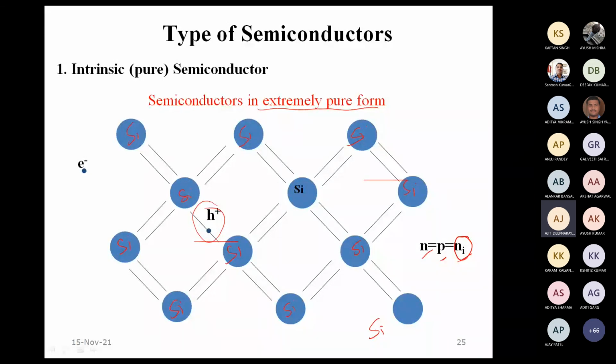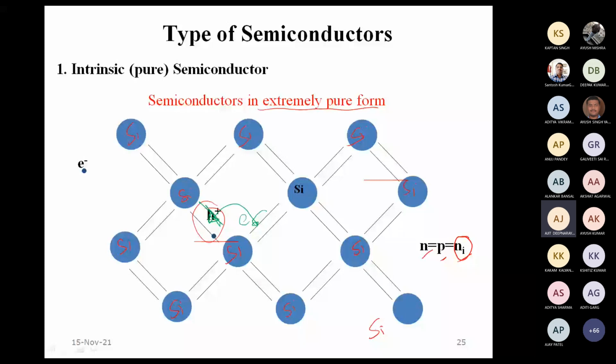But suppose there is a case in which an electron from nearby is generated and comes and occupies this place. Then the bonding is complete over here, and there will be a deficiency of electron at this particular location.